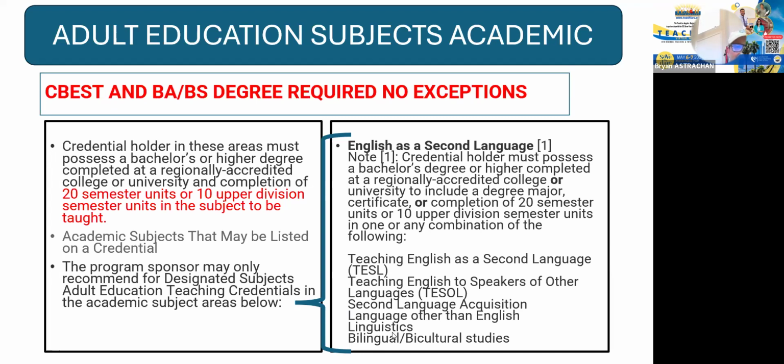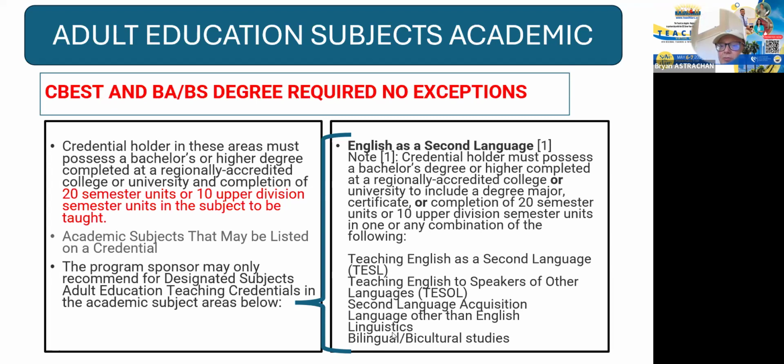The adult ed academic areas are generally thought of to be similar in nature to the high school or even elementary curriculum. So if you look over on the side, you'll see it says English as a second language. Again, I'm using that because ESL is one of the most common subjects at the adult schools and community college non-credit.